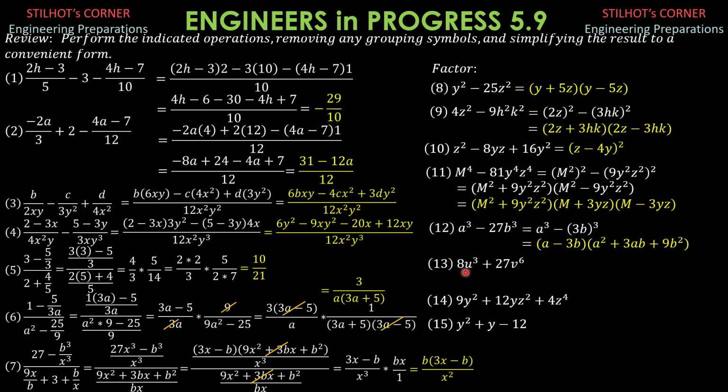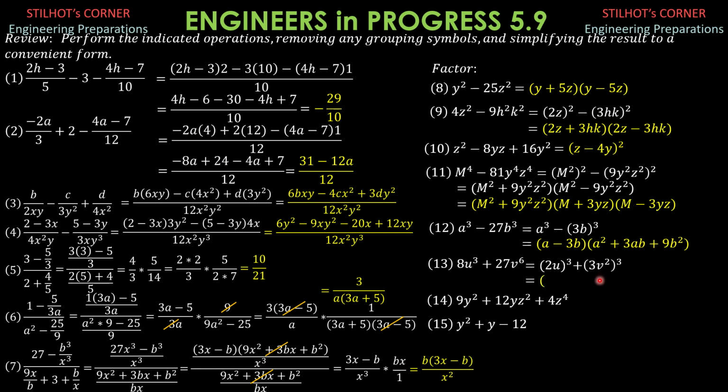This is a sum of two cubes, the quantity 2u cubed plus the quantity 3v squared cubed. So factors are 2u plus 3v squared. Then the other factor would be a trinomial: the square of 2u, which is 4u squared, then minus the product 6uv squared, then plus the square of 3v squared, which is 9v to the fourth.